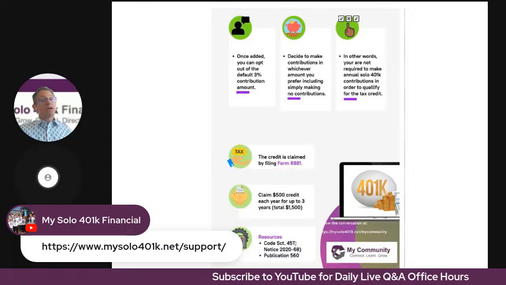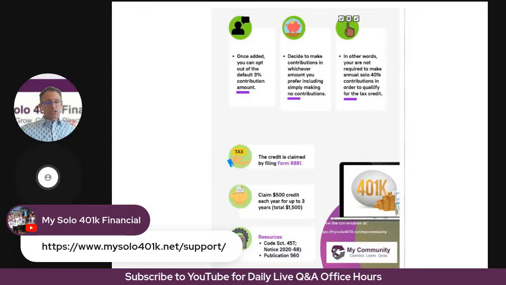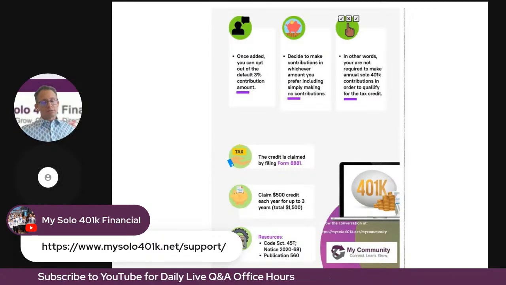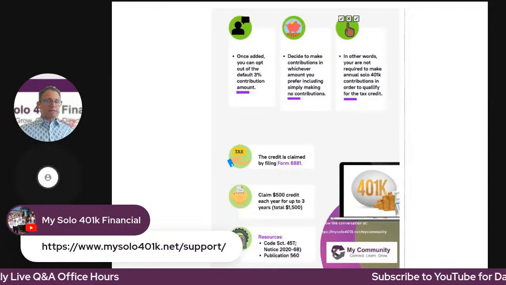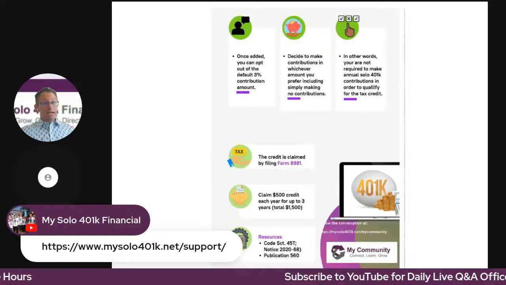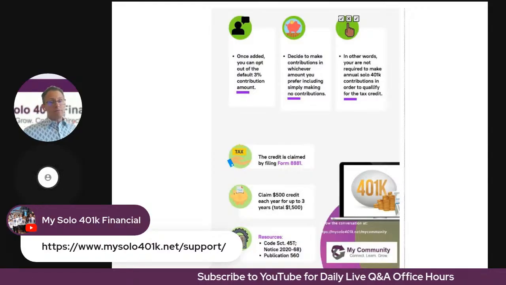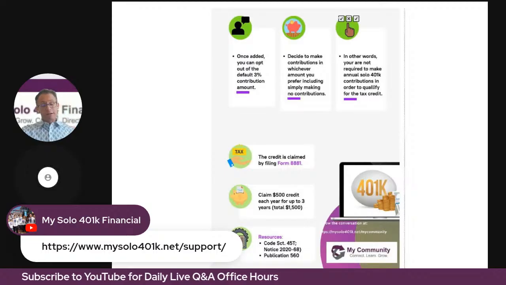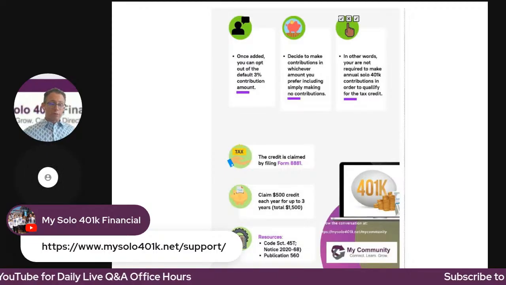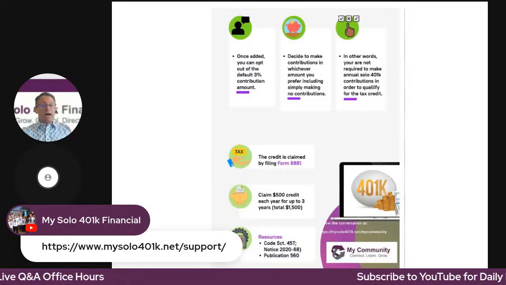You're going to file another one for tax year 2026, so that would be filed in 2027 to claim the second $500 amount. And then a third one will be filed with your 2027 tax return to claim the final $500 credit for a total of $1,500.